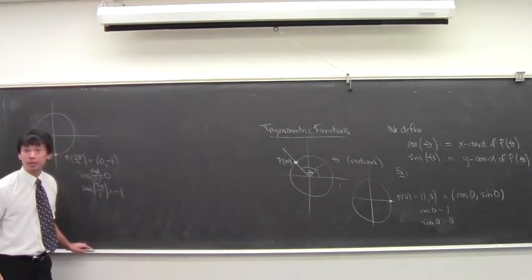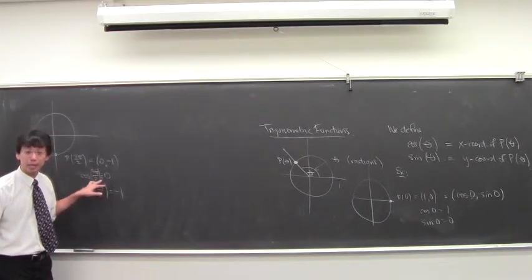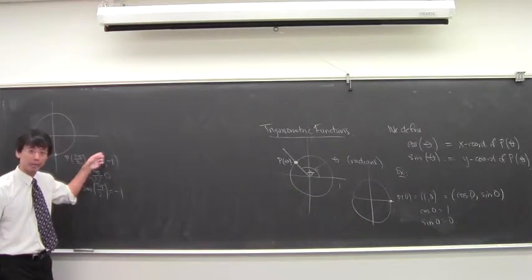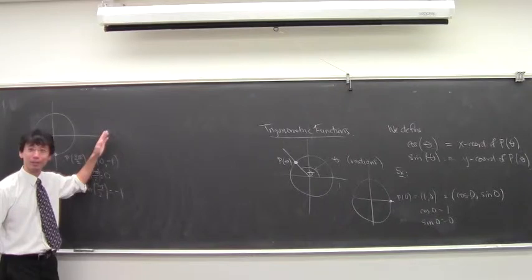This is how you define the cosine and the sine. The cosine is the x-coordinate of the point on the unit circle that you get by running a ray from the origin at that angle.